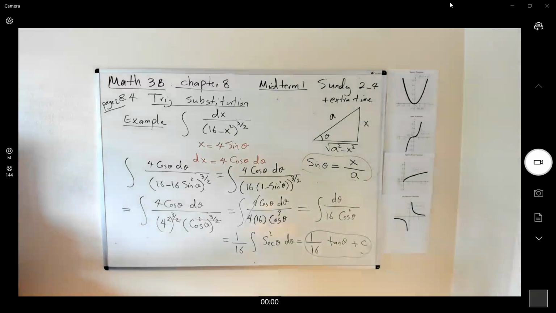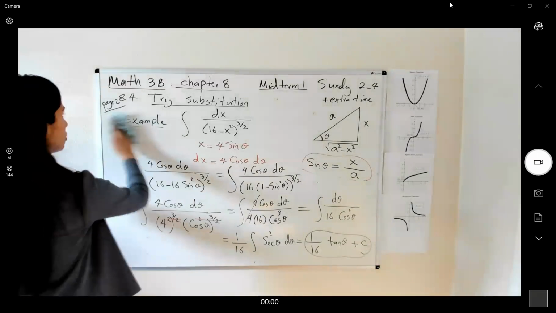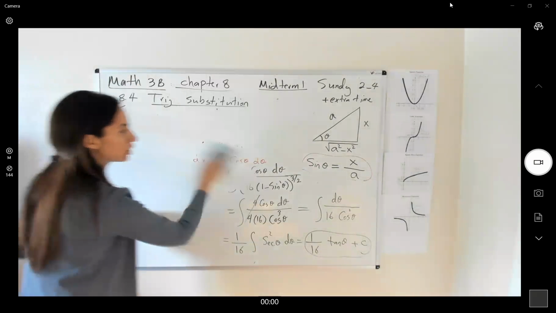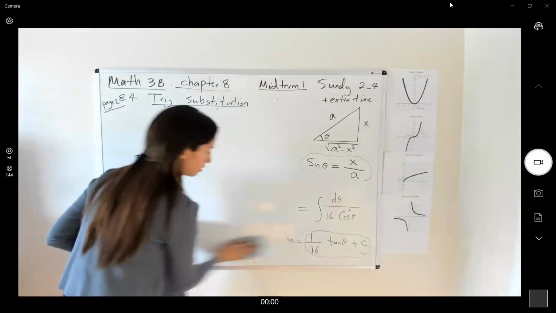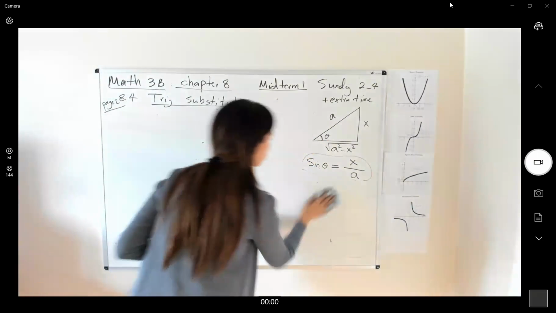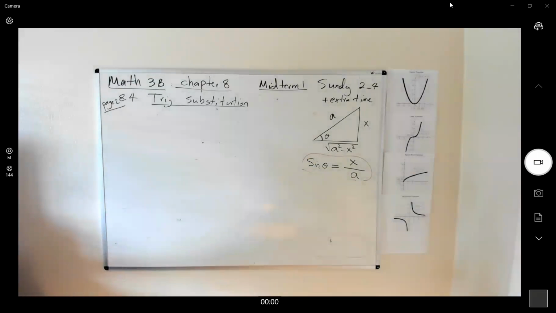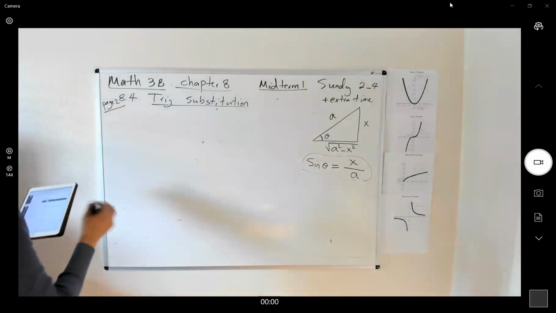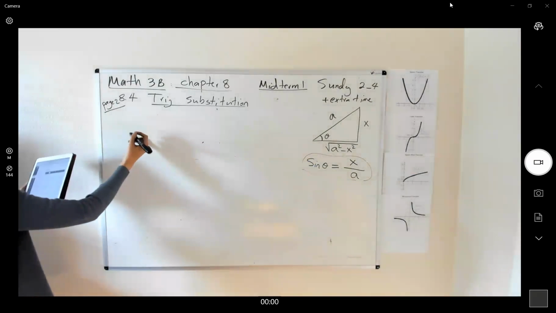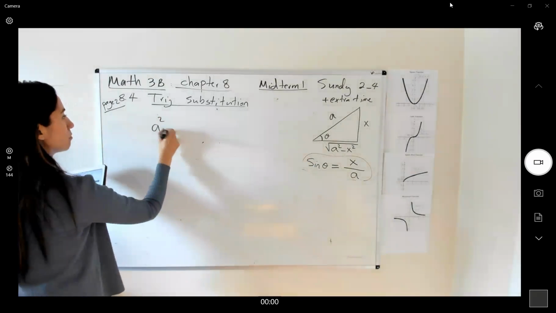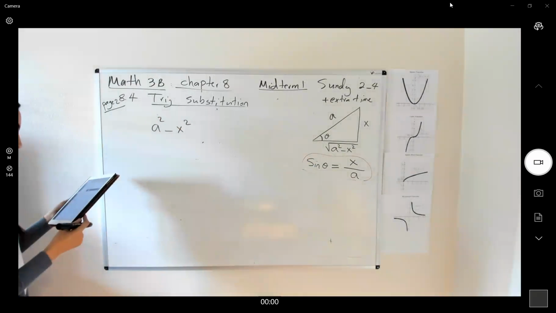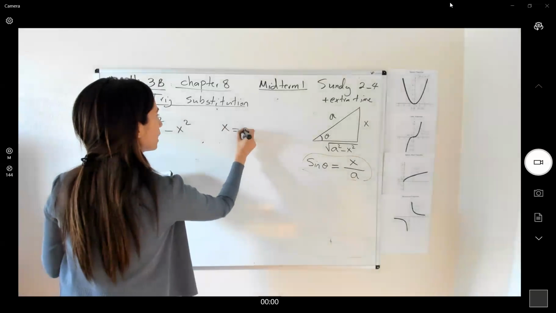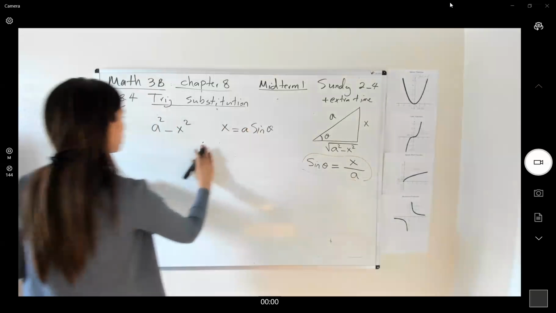So in general, if you have integrals of these forms, you can use trig substitution. When you have a squared minus x squared inside your integral, you can take x to be a sine theta.